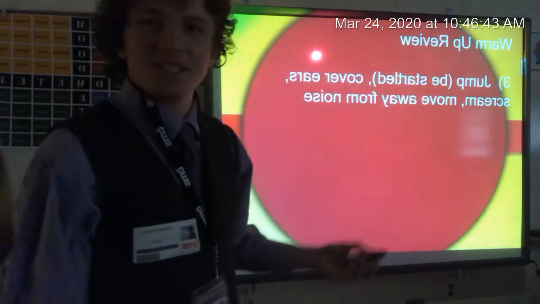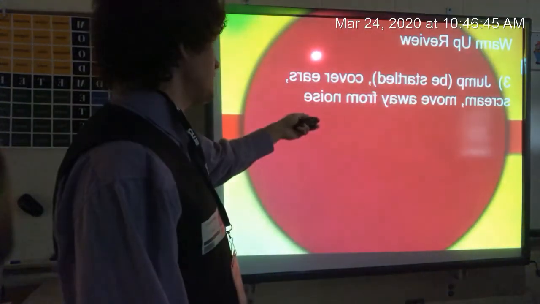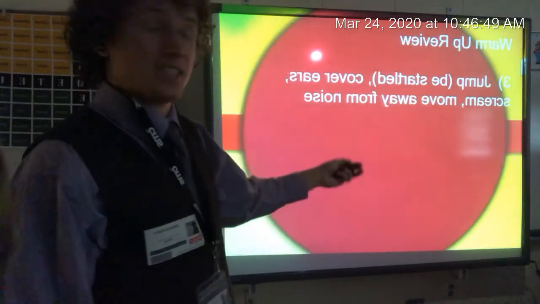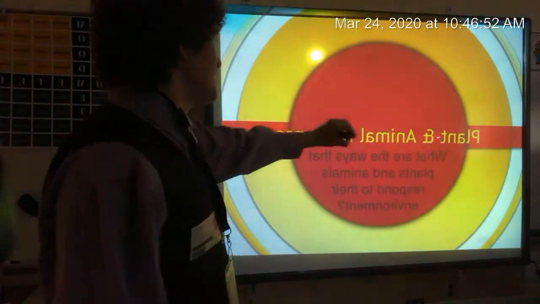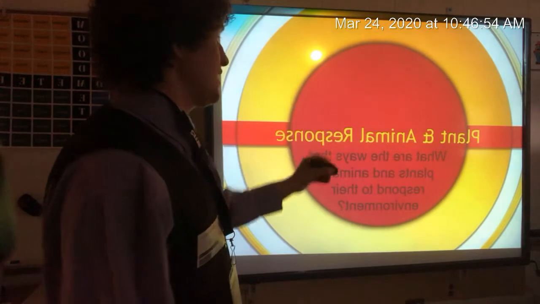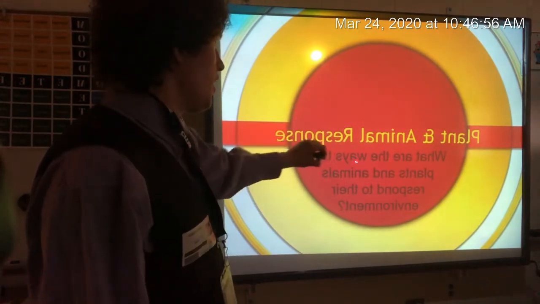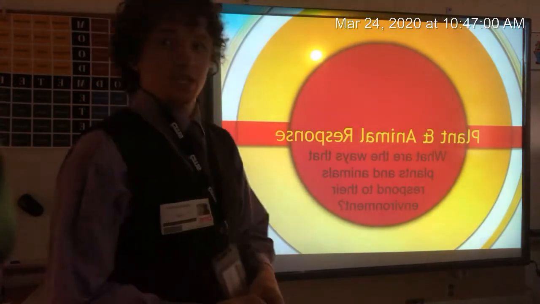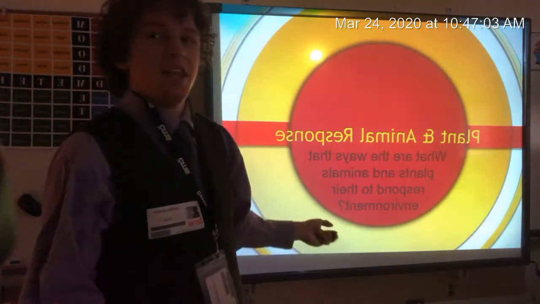You should know this. It's stuff you deal with every day, or if you get scared by your little siblings. So, plant and animal response. What are the ways that plants and animals respond to their environment? That's your LEQ for the day.